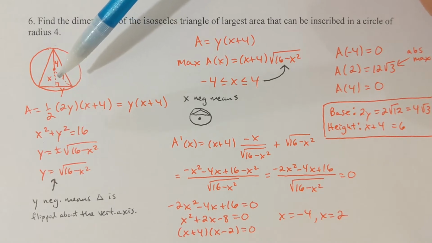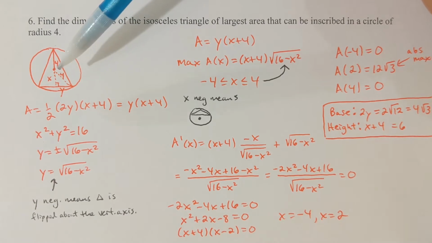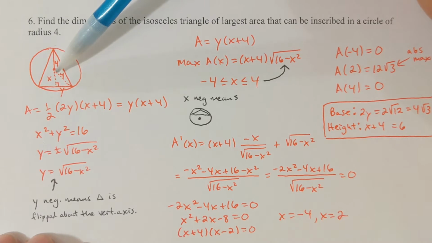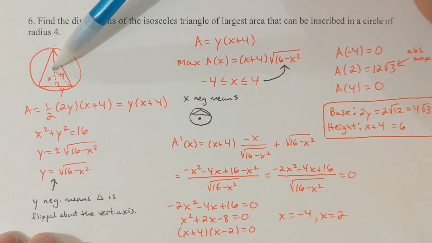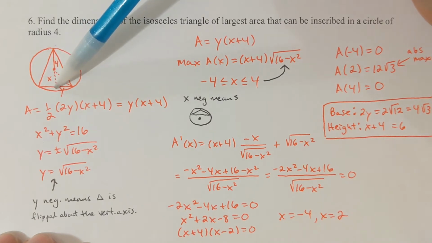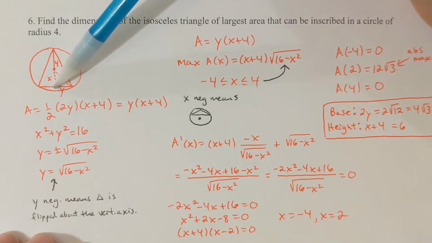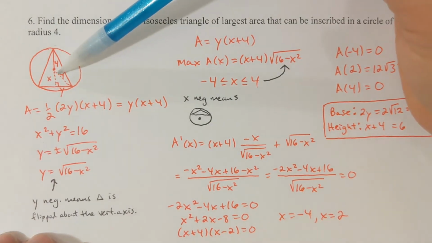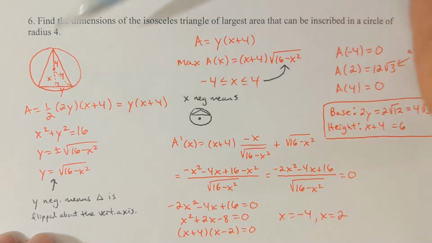Okay, in this picture, I have dropped a perpendicular down, and I'm going to call the distance from the center of the circle to the bottom of the triangle x, and then the distance from the center of the bottom of the triangle over to one corner of the triangle y. Okay, and you'll notice that I've created a smaller right triangle here. The hypotenuse of the right triangle is 4.